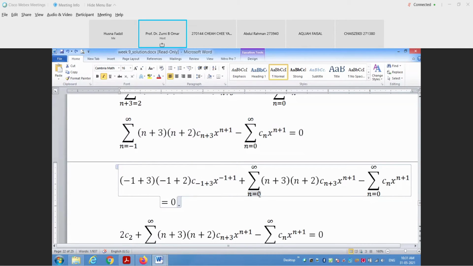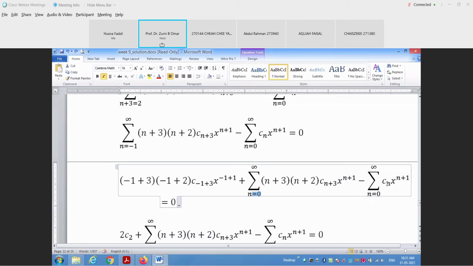So when you replace n with minus 1 here, you have minus 1 plus 3 times minus 1 plus 2, and then x power of minus 1 plus 1, and this index now starts with n equal to 0.